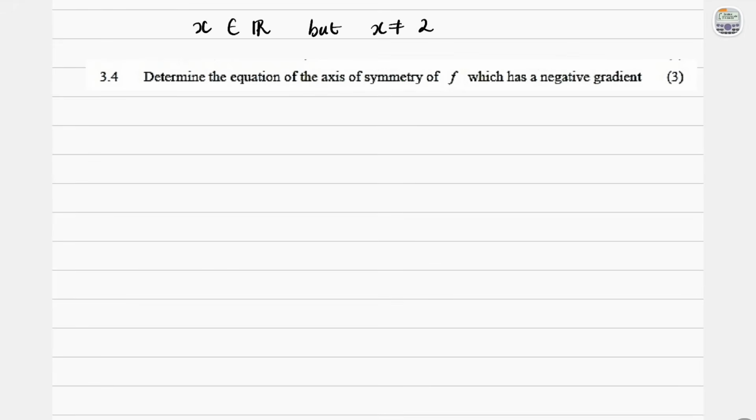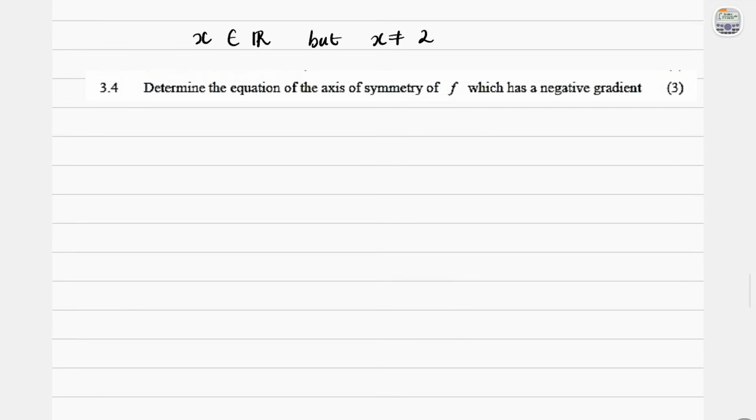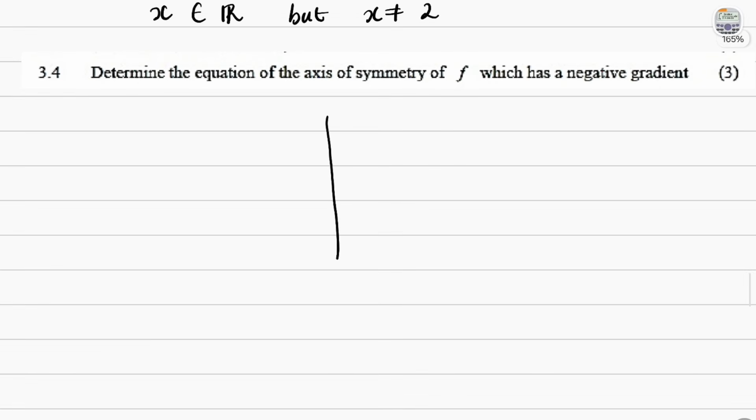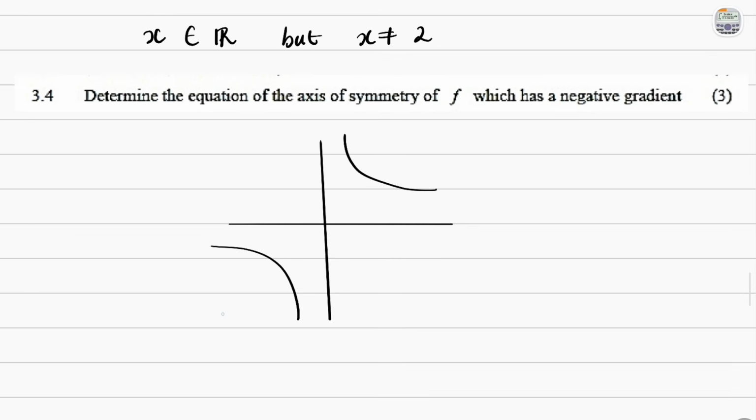Question 3.4 says, determine the equation of the axis of symmetry of f, which has a negative gradient. So a hyperbola, we know that this one looks like this. There are two axes of symmetry that it has: one with a positive gradient and one with a negative gradient. And this is the one we're trying to find.